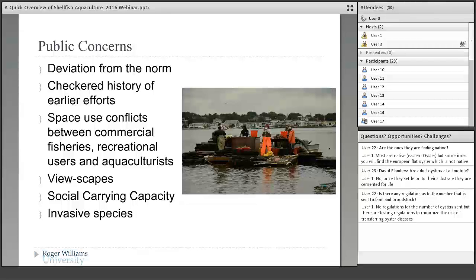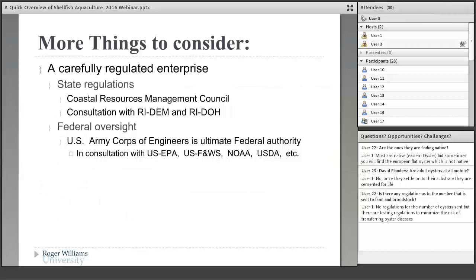And lastly, there has been some history of aquaculture being responsible for moving invasive species around, but that has become relatively controlled through actions of groups such as the Biosecurity Council that's maintained by CRMC to address the movement of shellfish around the state.